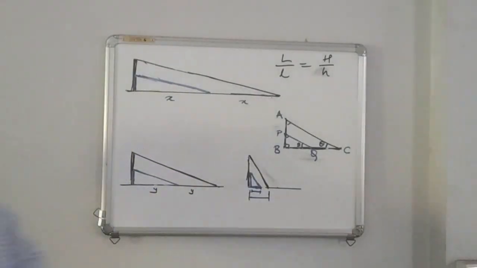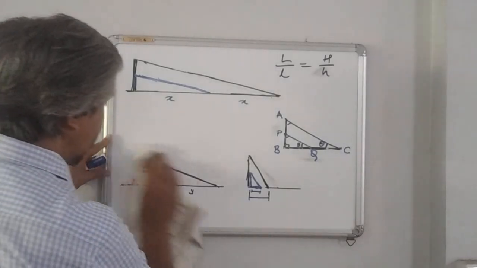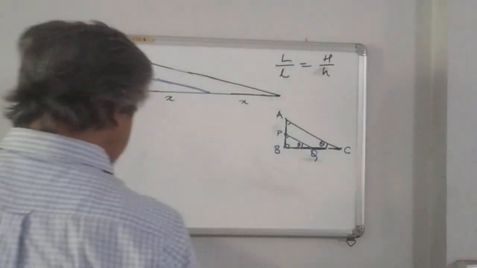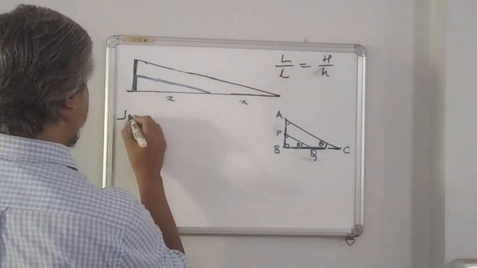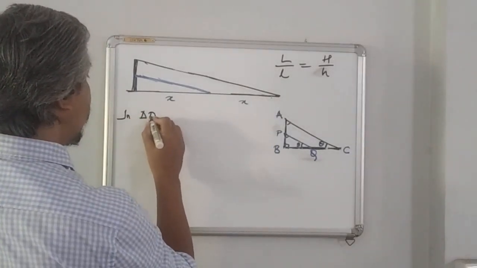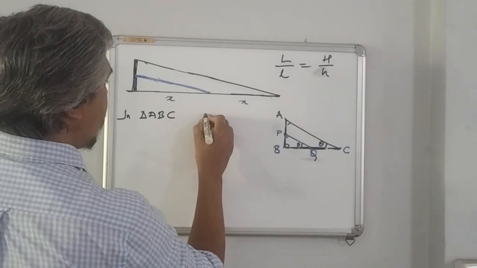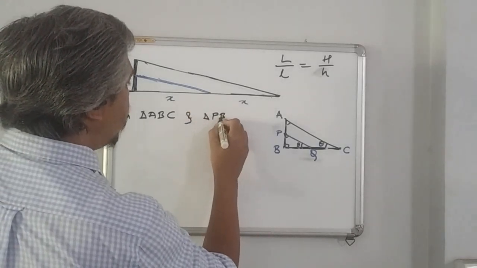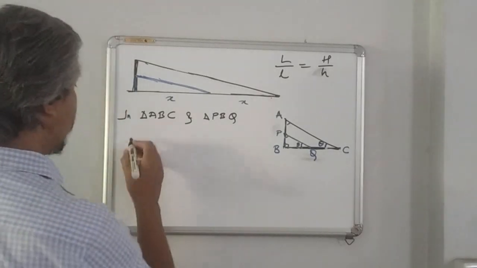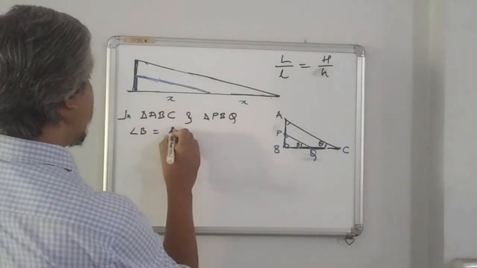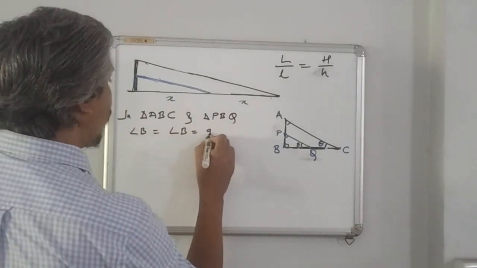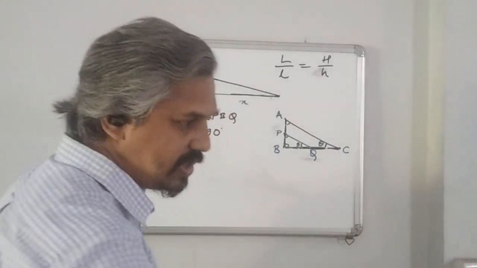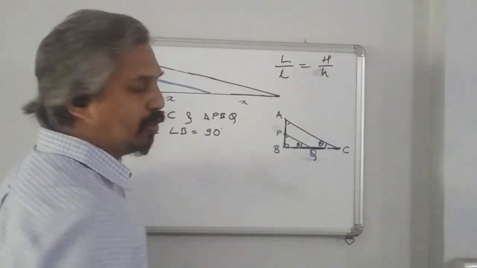And in that case, we say that in triangle ABC and triangle PBQ, angle B is equal to angle B is equal to 90 degrees, because this is the angle between the horizontal surface and the vertically standing posture of the people.